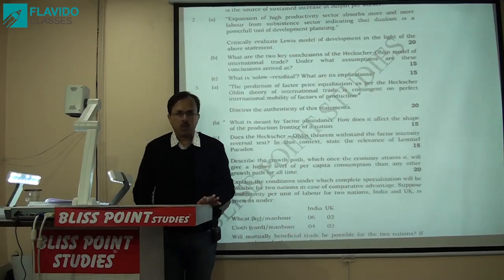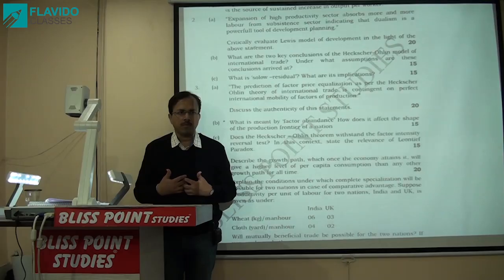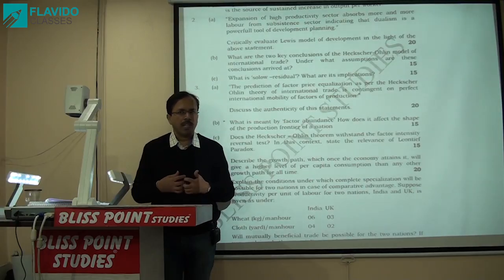In the model we have assumed that labor and capital are free to move within country, but they are not free to move between the country. Perfectly immobile between the economy, perfectly mobile within the economy.